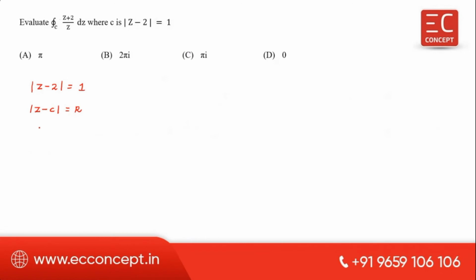Now here C is the center and R is the radius. So C is equal to 2 here, R is equal to 1. Here C means 2. So the format is Z minus C. That is the format.